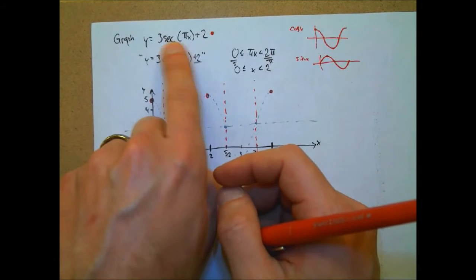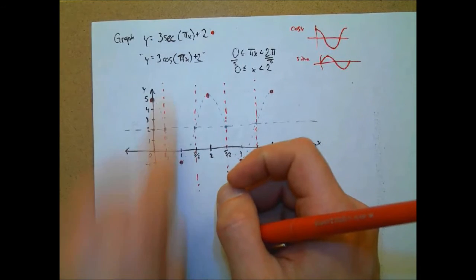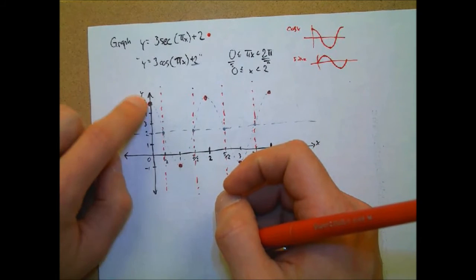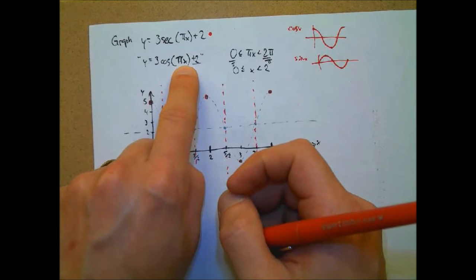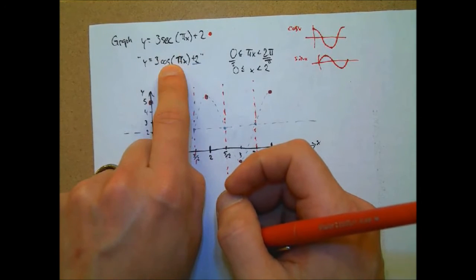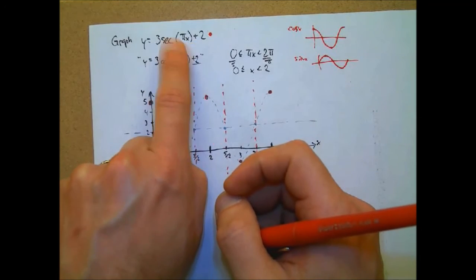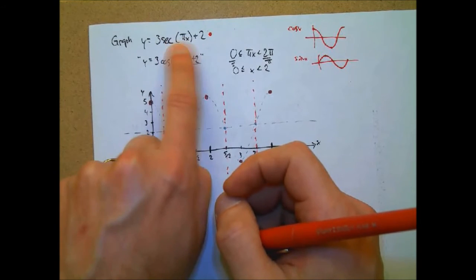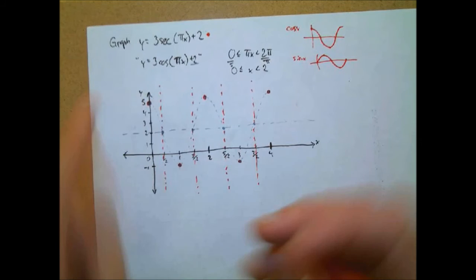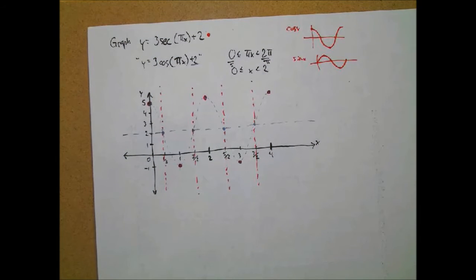It's still undefined. Same thing up here with the 5. If I plug in 0 for cosine, pi times 0 is 0, and cosine of 0 is 1. If I plug in 0 here, it'll be secant of 0, which will still be 1, because the reciprocal of 1 is 1. So times 3 plus 2 gives us the 5. So it still ends up with the highest highs. The relative maximums stay points on our secant graph, and the relative minimums stay points as well.